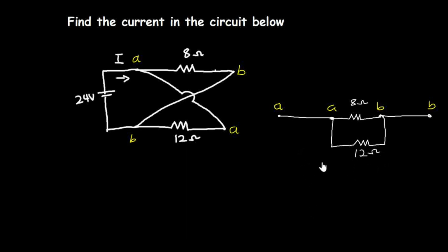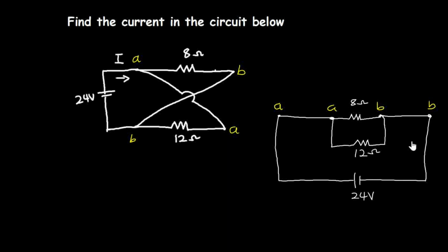After doing this, you see that we have the voltage source connected in between node A and node B, so you can connect the voltage source here also. This is the 24 volts voltage source.